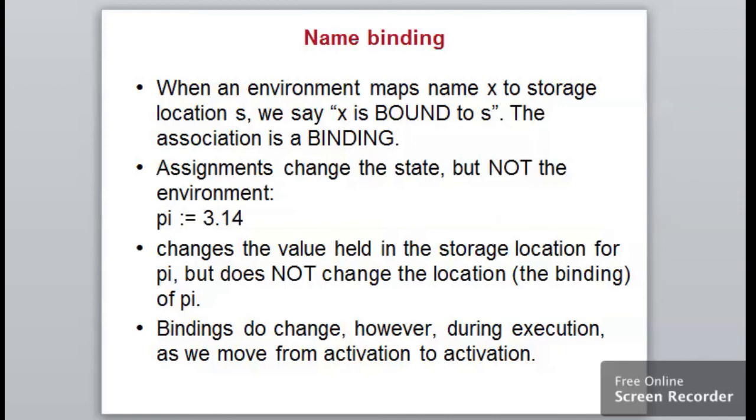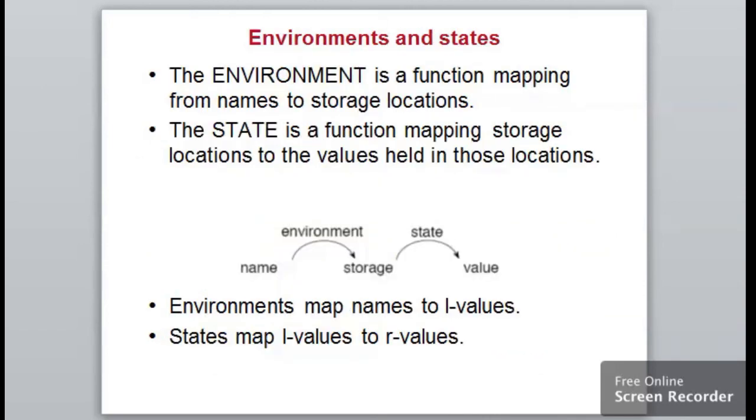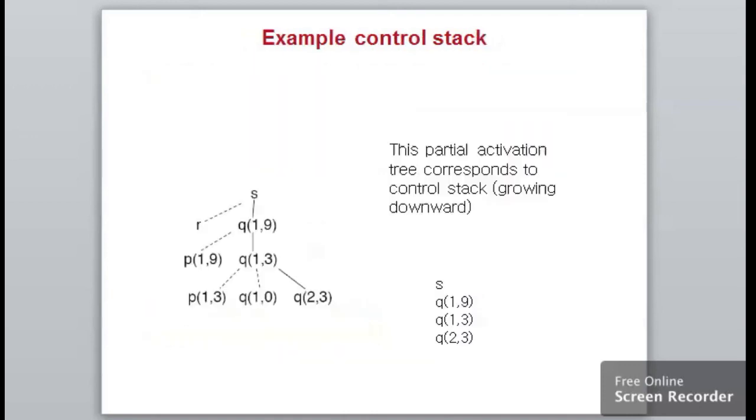Now this was all that we have seen for name binding, environment and states. So do remember, environment represents a function, and state also represents a function. Environment maps names to the storage locations, whereas state maps the values held in those storage locations.